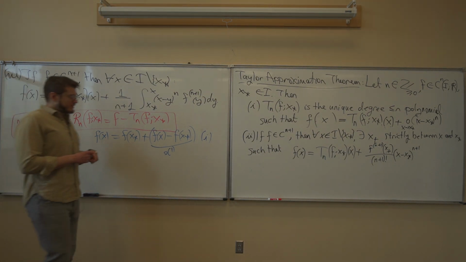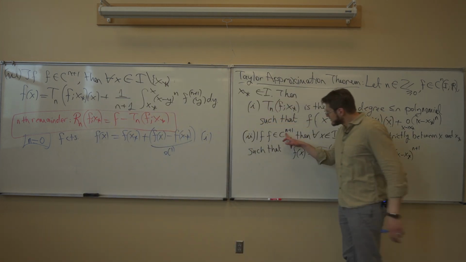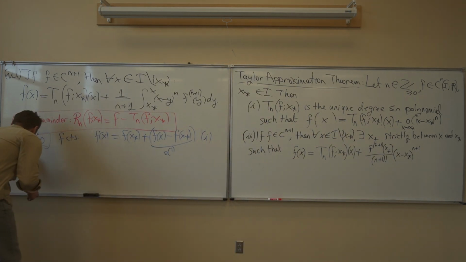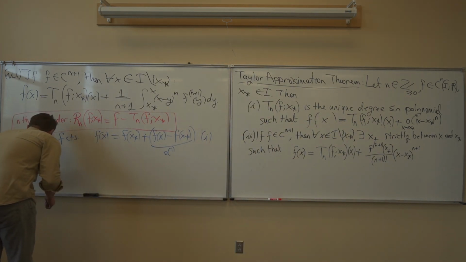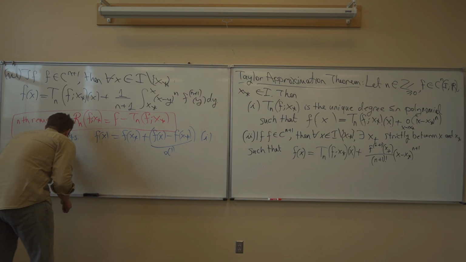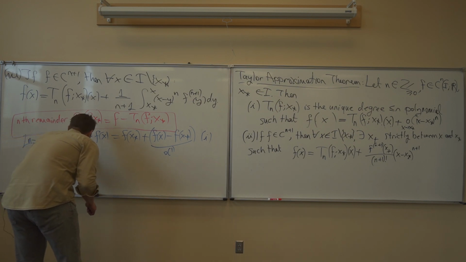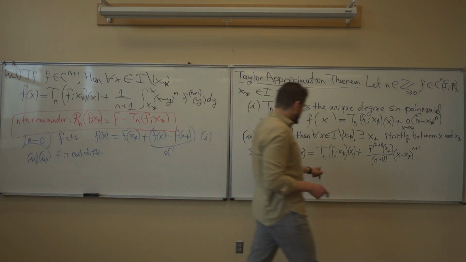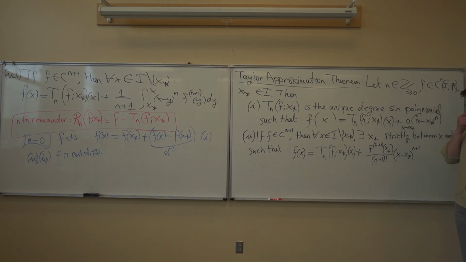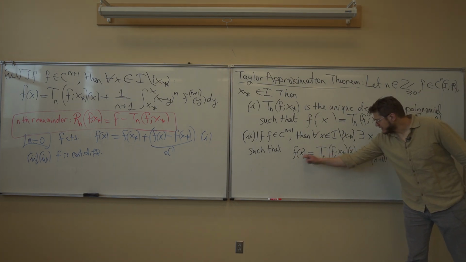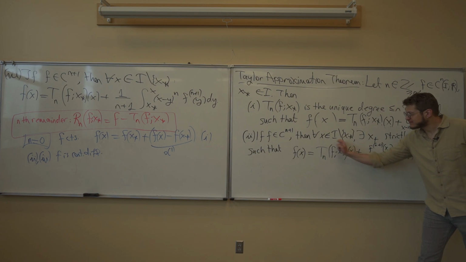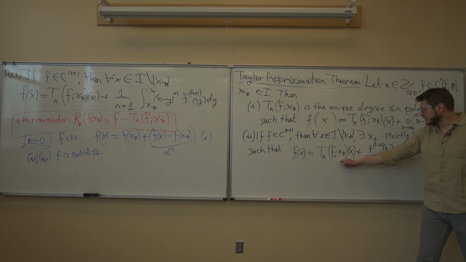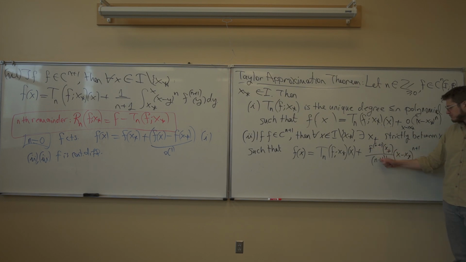So what about the second item? If n is 0, the second item, and also the third, says that f is continuously differentiable. Again n equals 0, which means this is f of x star. So this just says f of x equals f of x star plus the first derivative, and so on.